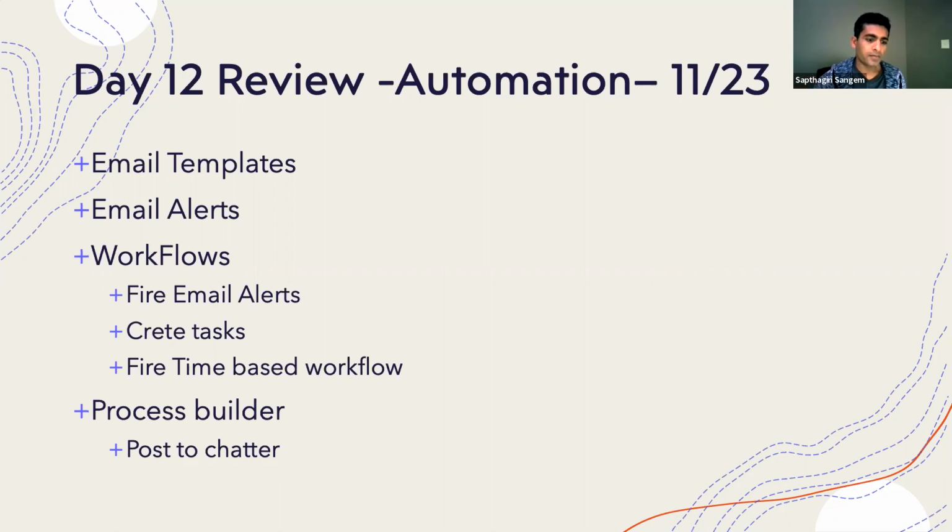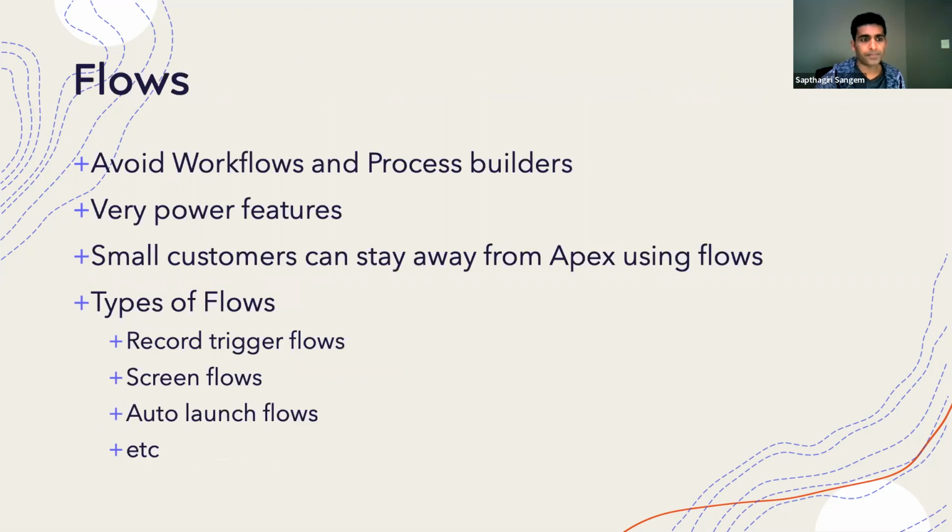And if the account is a big account, let's say it has 5,000 employees, and someone does something on that account and you want to take some action, you can add one more condition in the same process builder. That's what I was talking about. So you cannot do one process builder for all the objects. Okay, got it.